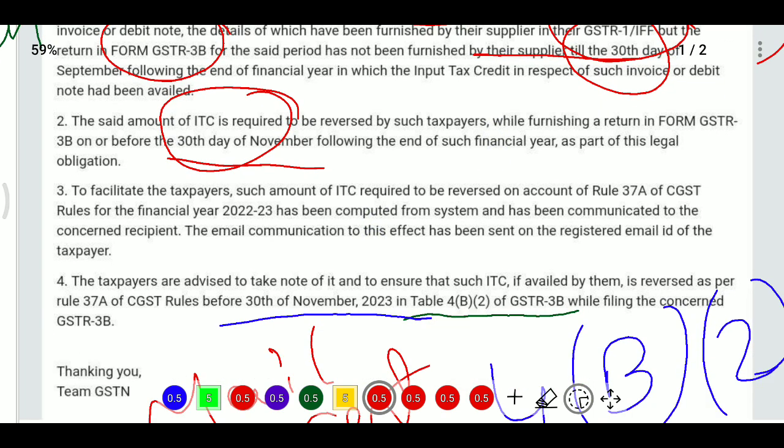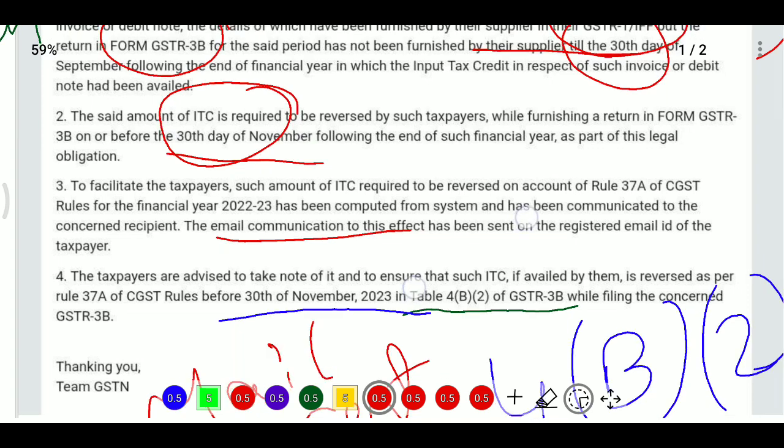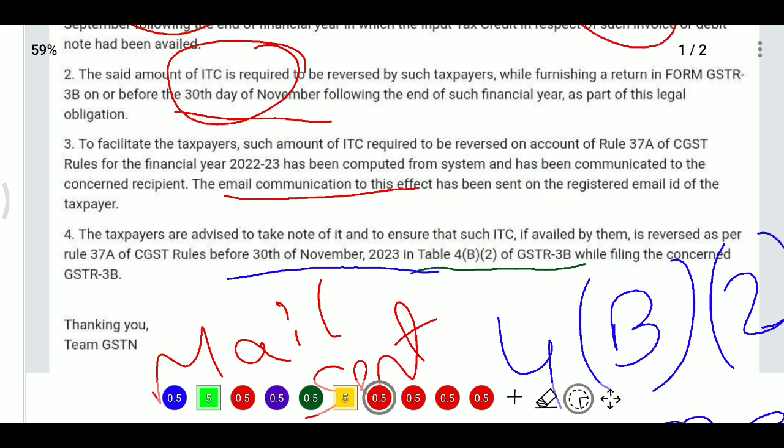Next, to facilitate Rule 37A, the GST portal has sent some persons a communication by email saying that there are some differences you need to reverse. The way to reverse is in table 4B2 in GSTR3B, now in the October month.